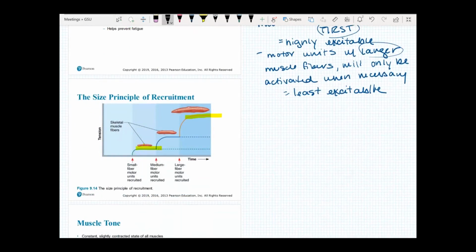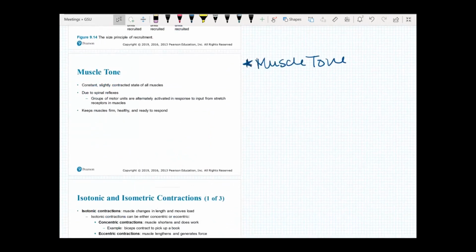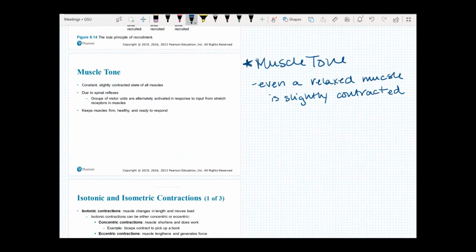Now this is another concept going to be called muscle tone. So when we're looking at this idea here, this is a different concept. Switching gears, we've moved on to muscle tone. And muscle tone is going to be that even a relaxed muscle that you have, so you're just sitting in your chair, even a relaxed muscle is slightly contracted. So we are holding our bones in alignment.